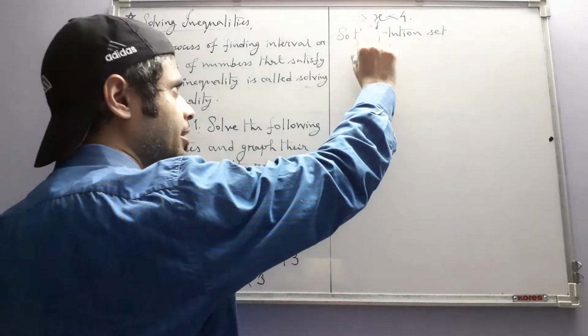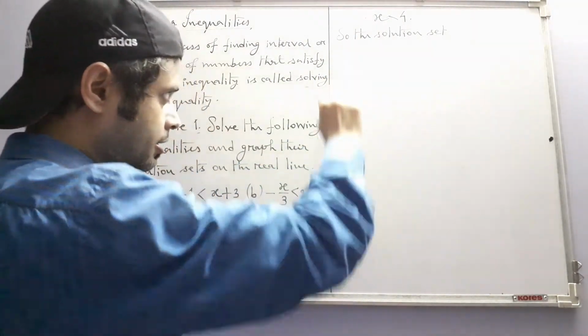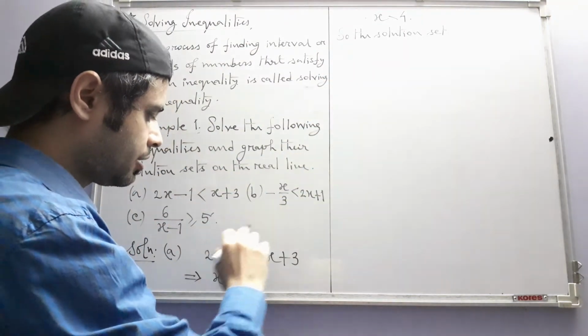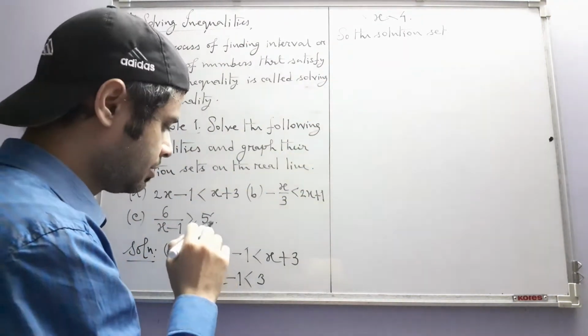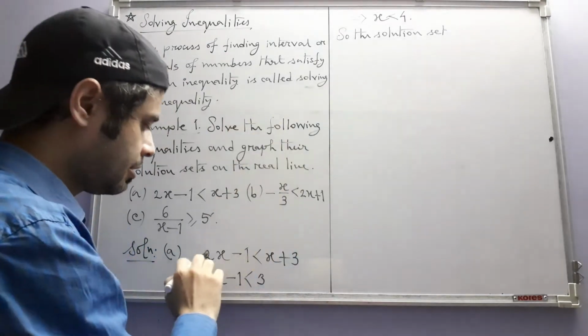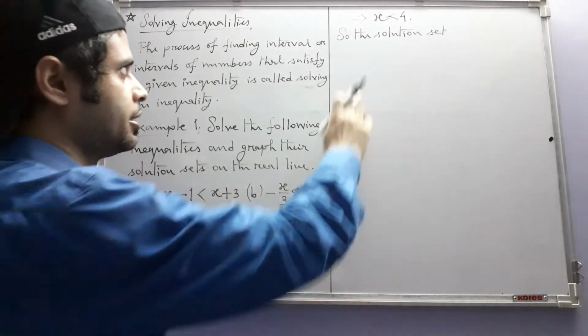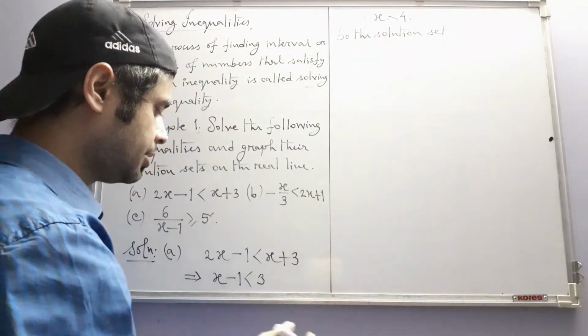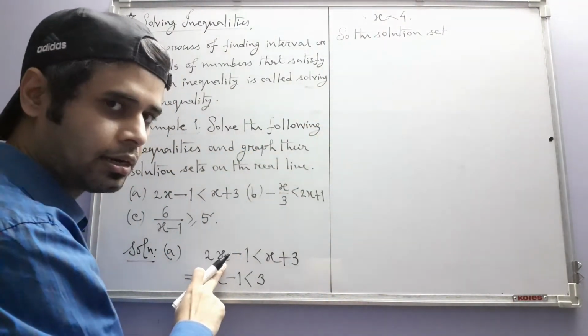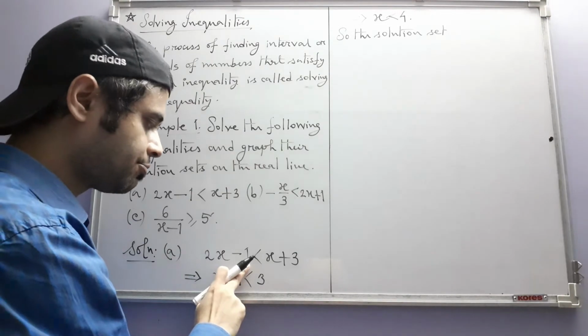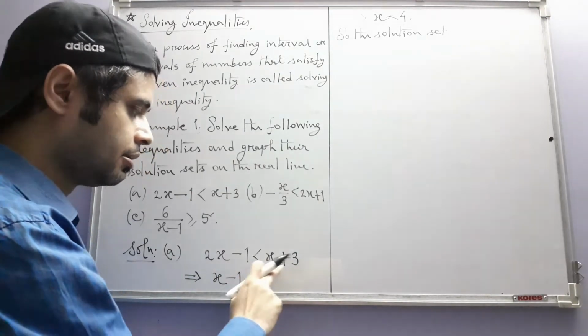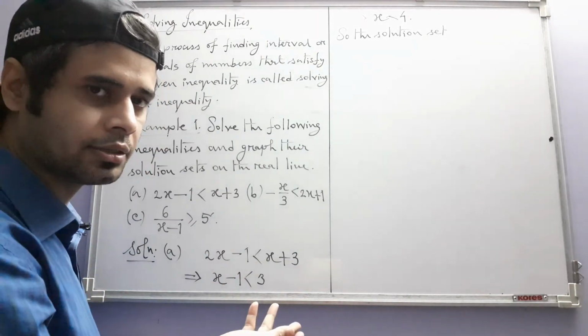Conversely, if x is less than 4, then doing the calculation in the backwards direction tells us that such an x satisfies this inequality. For example, you can take x equal to 3. If you take 3 here, you will get 6 minus 1, 5. If you take 3 here, you get 6. So 5 is less than 6.